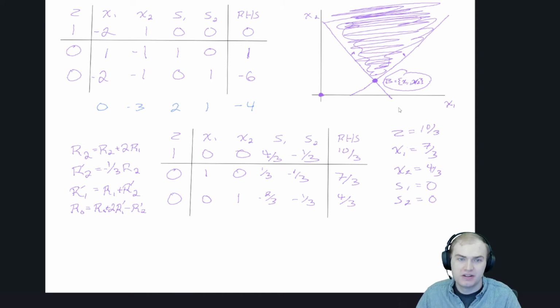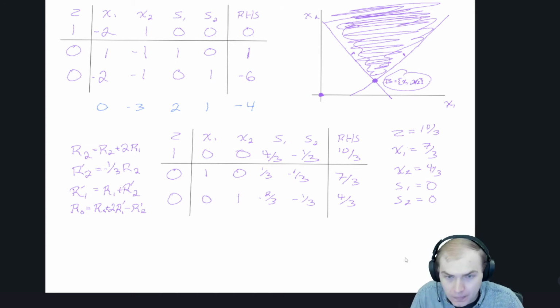And this is a maximization problem, so we've improved the solution. But more importantly, we're at a feasible extreme point, a feasible basis to the problem. Whereas before, we were at the origin, which was not feasible.